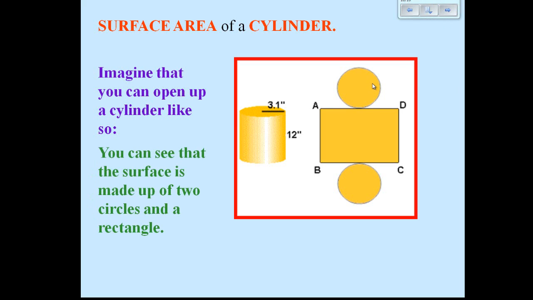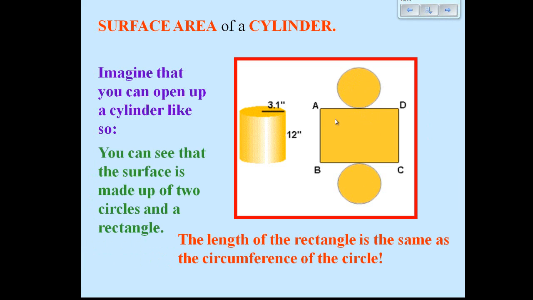You can see the surface is made up of 2 circles and a rectangle. Well, how do those relate? Think about it. This rectangle has to wrap around that circular base. So the length of the rectangle, concentrate right now, this length is the circumference of that circle.